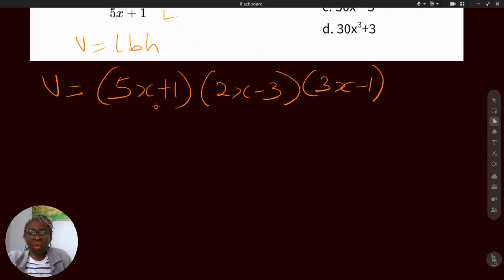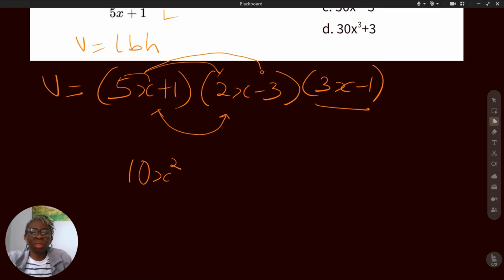We'll first start by multiplying these two while we keep the third. Let's say 5x times 2x. That gives 10x squared. Now we pick 5x again, we use it to multiply -3. Then that becomes -15x. Now we are done with 5x.